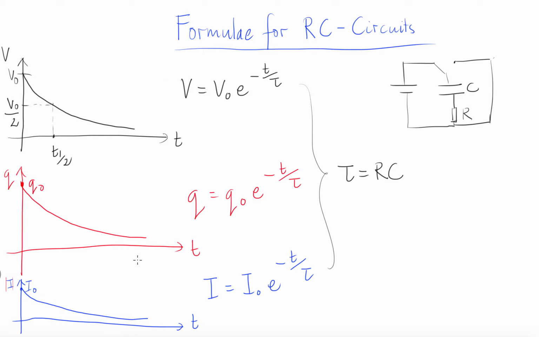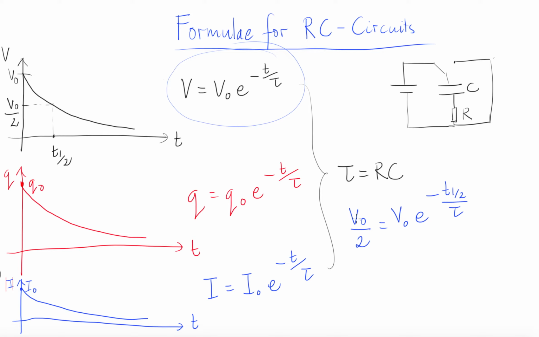Well, for that we have to solve an exponential equation. Taking this formula here, we put V equal to V0 divided by 2 equals V0 e to the negative t½, for half-life, divided by tau.